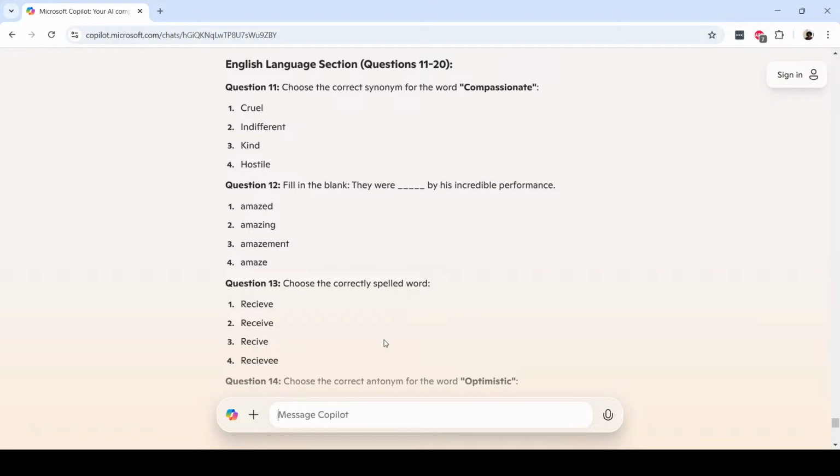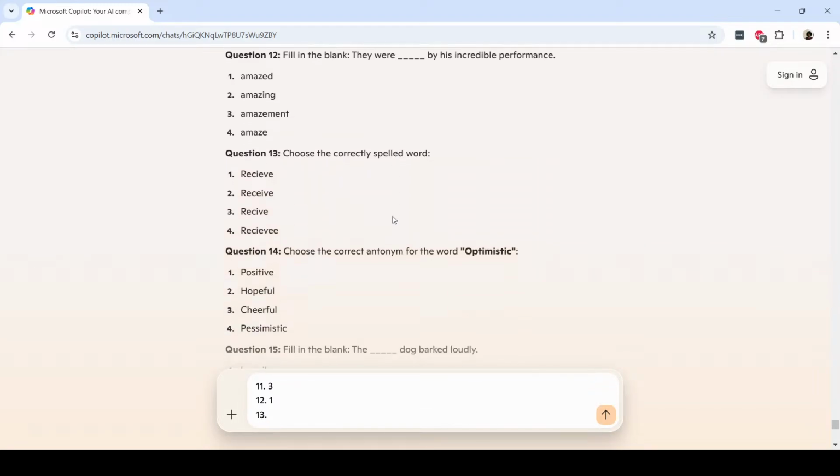Kind. They were amazed. It's a past tense. Choose the correctly spelled word. See, you are tempted to do this, but the option is this: receive.